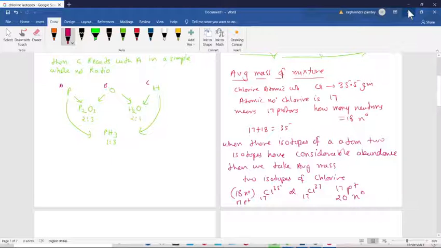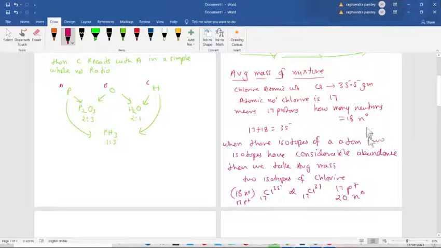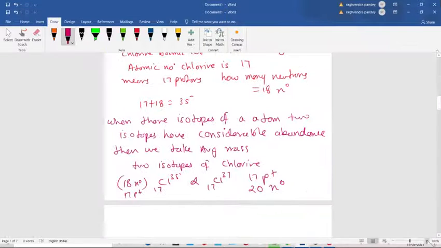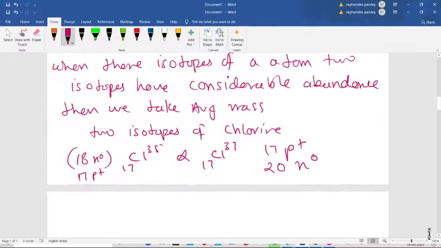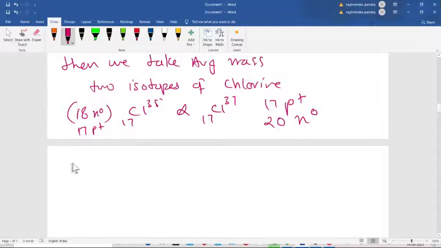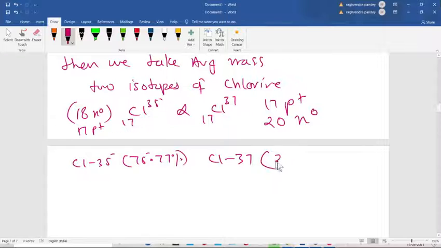So here we take chlorine 35 as 75.77, and chlorine 37 as 24.23. Its abundance means percentage. Chlorine 35 percentage is 75.77, and chlorine 37 is 24.23.